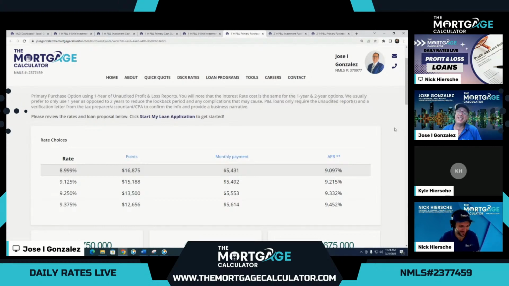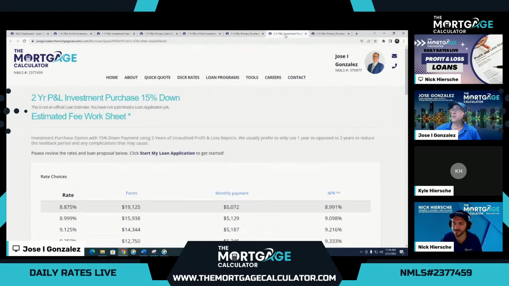So why would we set ourselves up to work double and possibly face complications that would really be a disservice to our borrower if we force them to ask for another year's documentation without it being necessary? So here again, I wanted to show for illustrative purposes that 1 year is going to be the same. But now I'll show you one more example of 2-year versus 1 year. We're going to go with now a purchase of an investment property.